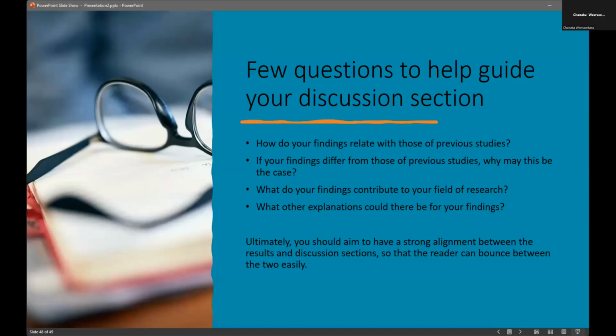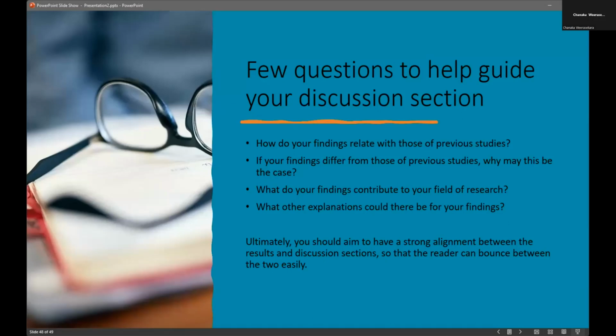Now, for example, in the results chapter, we say that there's a relationship between this and that. But here in the discussion we have to explain why there is a relationship. Even if you find out that there is no relationship, but the theory suggests that there is a relationship, you also have to explain in the discussion chapter why there is no such relationship in this particular context. What is the reason for that?